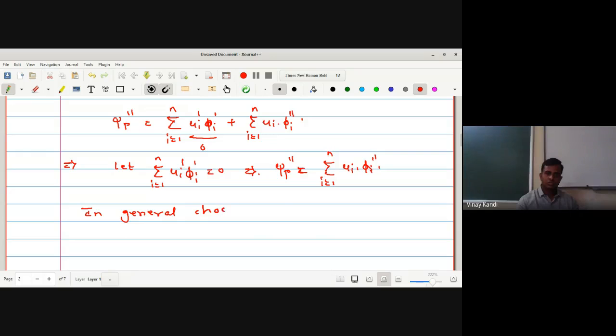Choose summation running from i equal to 1 to n of ui dash into phi i raised to k, equal to 0.